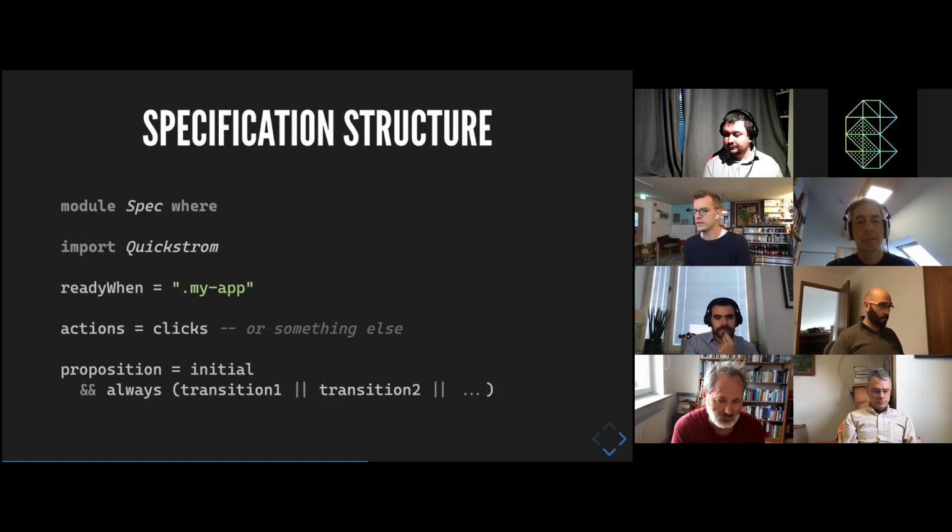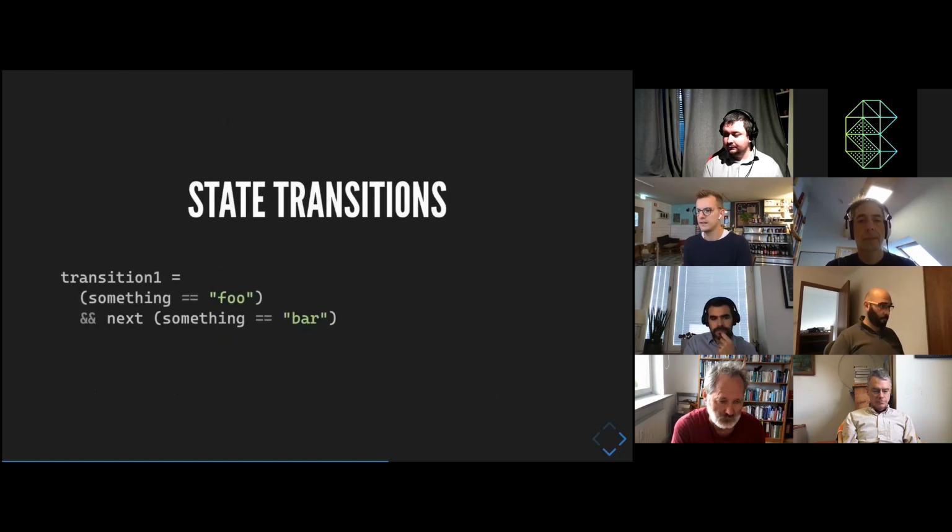And the transitions usually look sort of like this. This is simplified, but you say that something should equal foo in this state. And in the next state, something should equal bar. So this expression something might build on a DOM query in the end, but this transition would say we're transitioning from something being foo to something being bar.